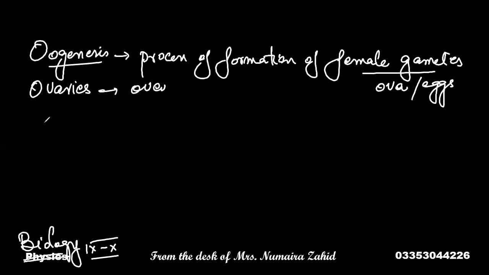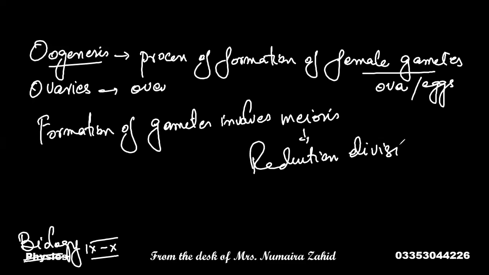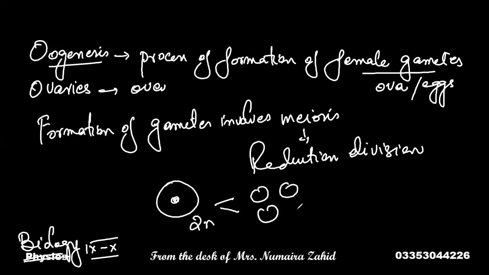As we know, the formation of gametes involves meiosis, which is a reduction division. It means the process of meiosis causes a single diploid cell to produce 4 haploid cells.